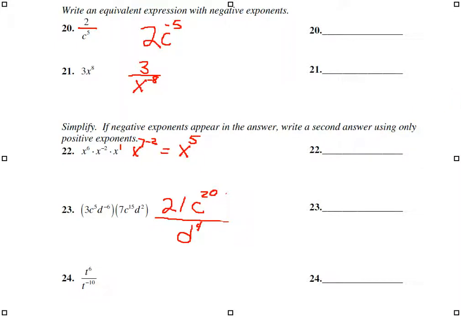Okay. Now the next one down here, we're just going to move the negative 10 from the denominator, and this becomes then t to the 16th. As I move that negative 10 up, it becomes a positive 10 added to the 6.